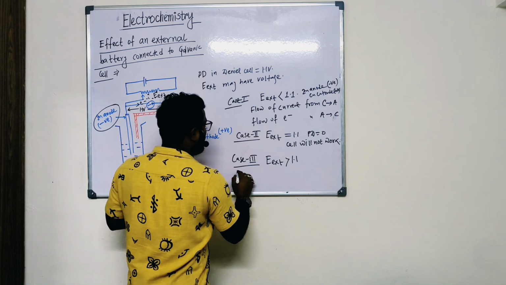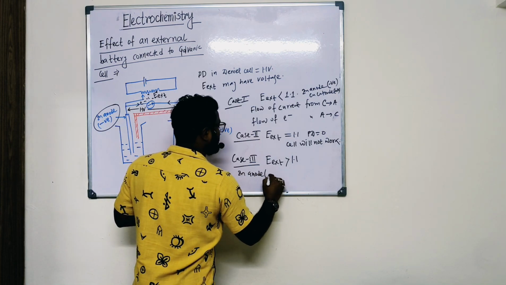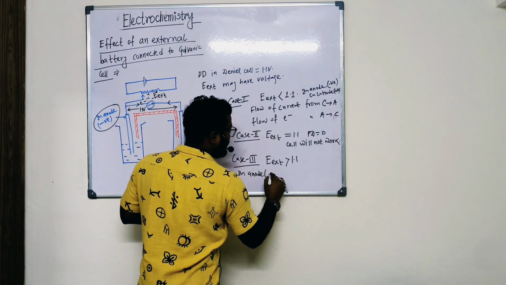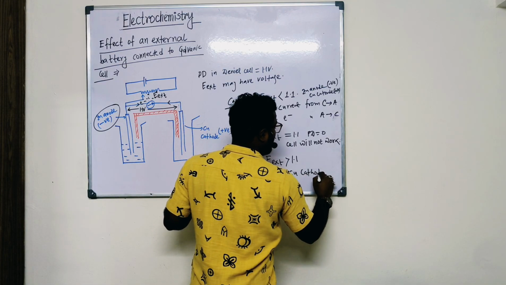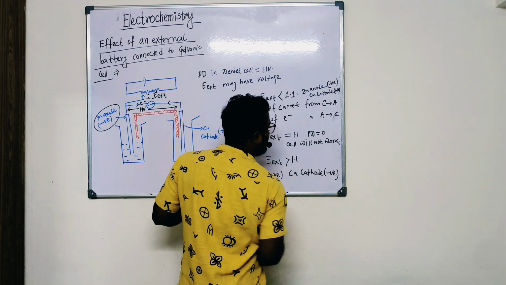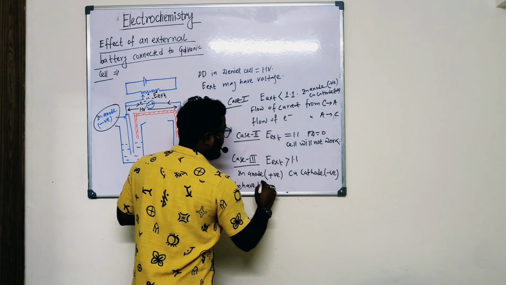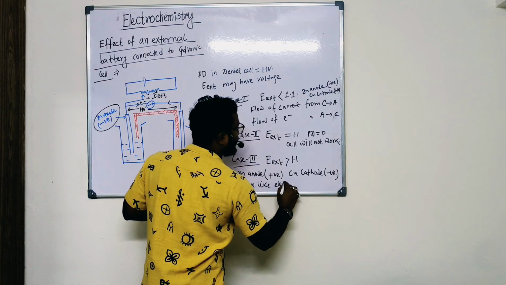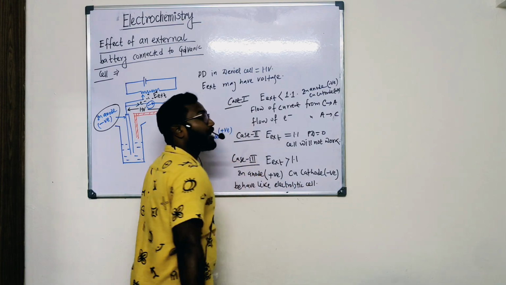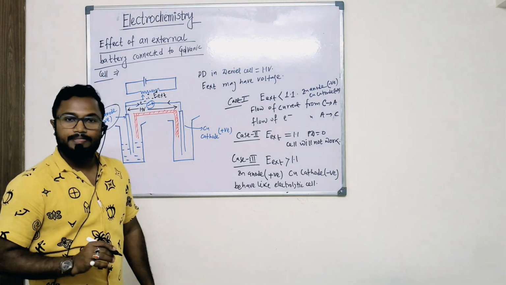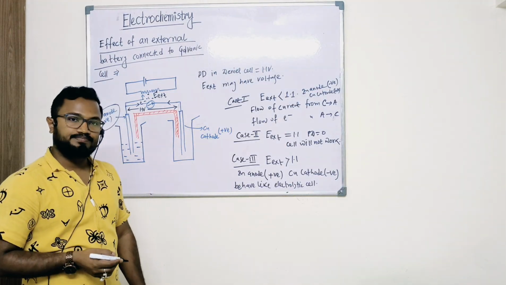The zinc anode, which was negative, will now be positive, and the copper cathode is going to be negative. So this cell will behave like an electrolytic cell. The direction of flow of current and the direction of flow of electrons will also change.